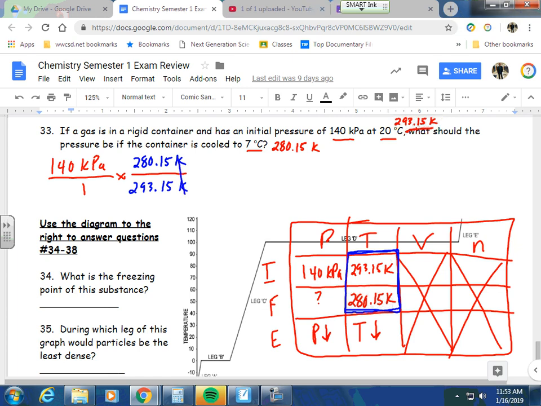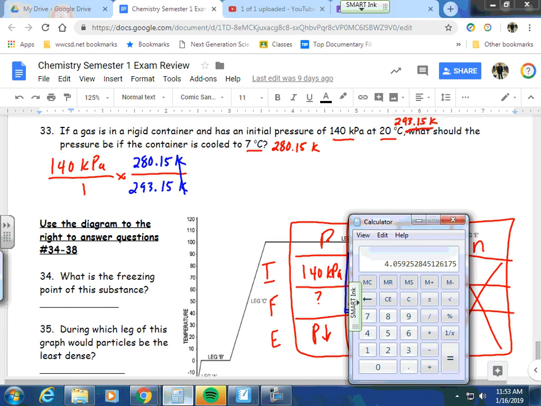So my top answer is going to be 140 times 280.15. That's going to equal 39,221 kPa. That's going to be over 293.15. That's going to be 133.8, 134.